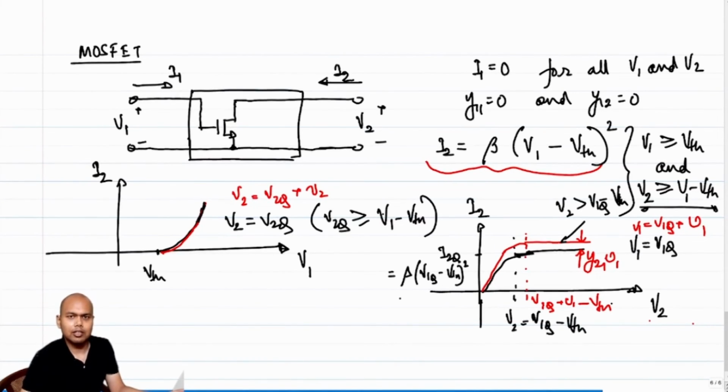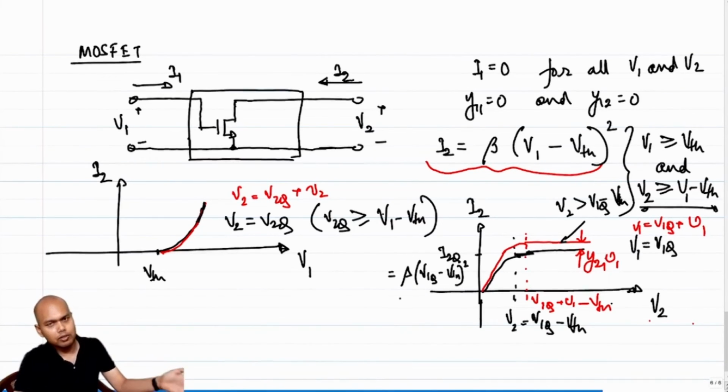What you should take away from this course is the fact that the first thing that you have to do, when somebody gives you a device, is to plot the IV characteristics and see whether in some portion of the IV characteristics you are able to satisfy those 4 conditions simultaneously.